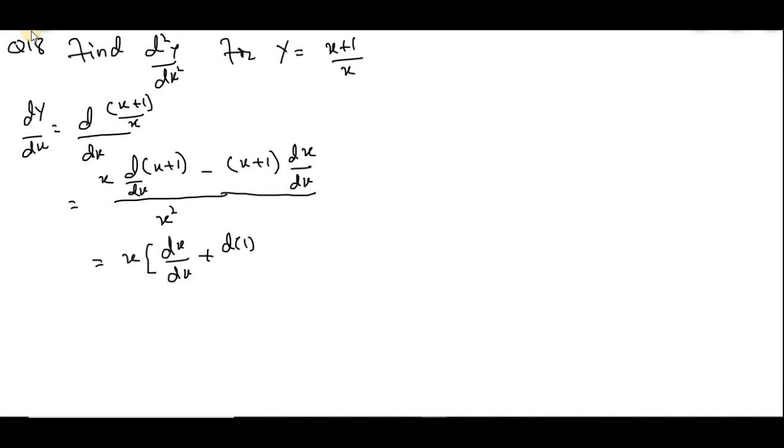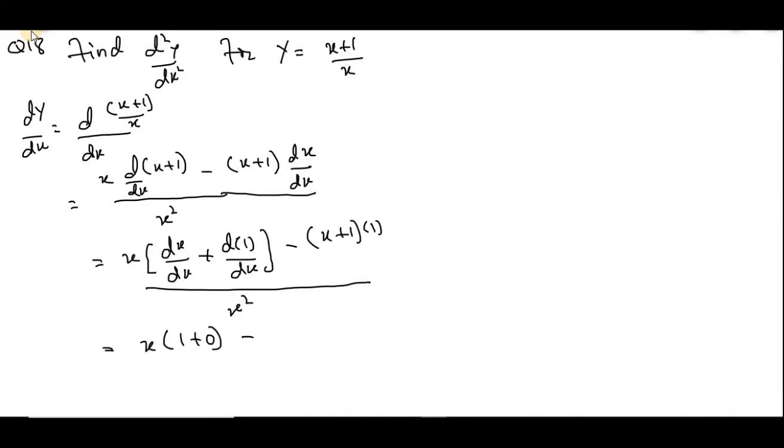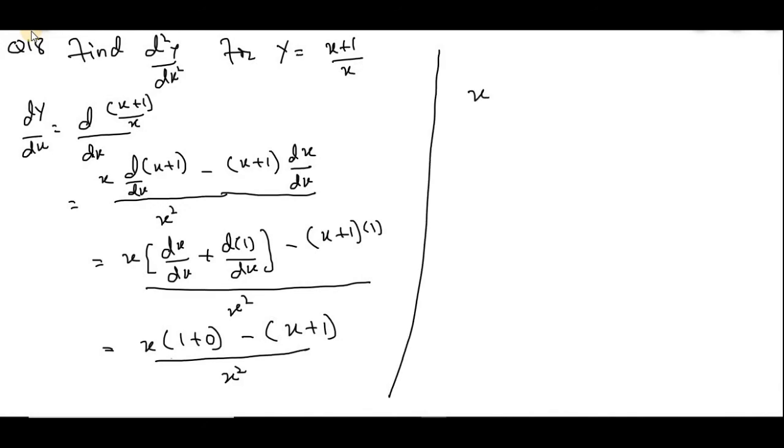Again applying sum rule, dx over dx plus d1 over dx, minus x plus 1 times 1, which is the derivative of x. Now x square, so x times 1 plus 0 minus x plus 1, and whole divided by x square.